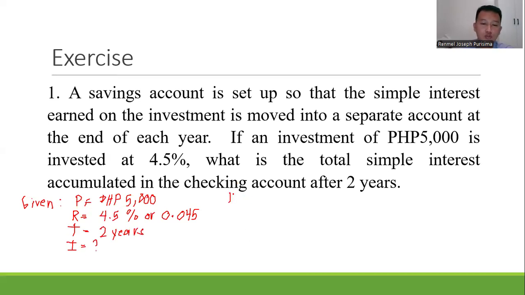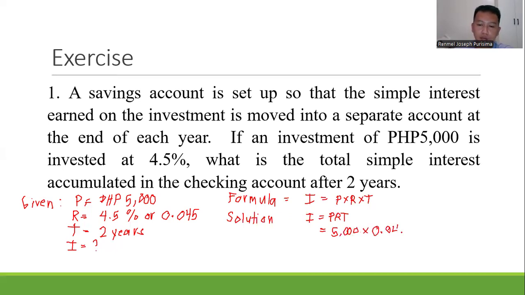The formula to be used would be I is equal to PRT. For the solution, we simply substitute the values of P, R, and T. So our P is 5,000 pesos times our R, 0.045, times 2, which equals 450 pesos.